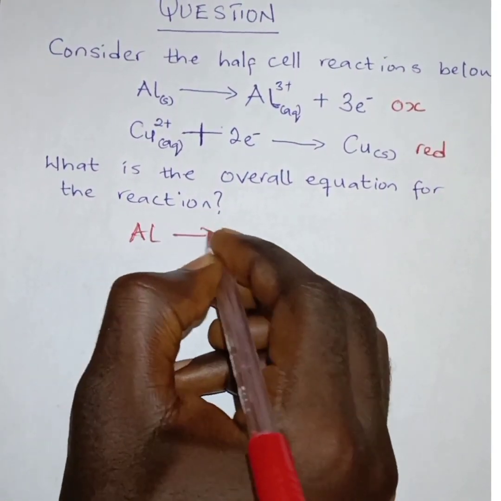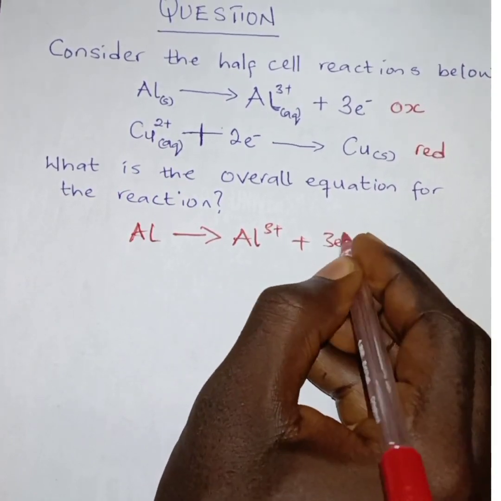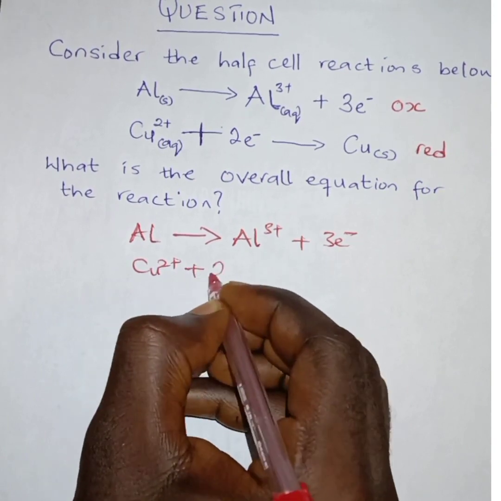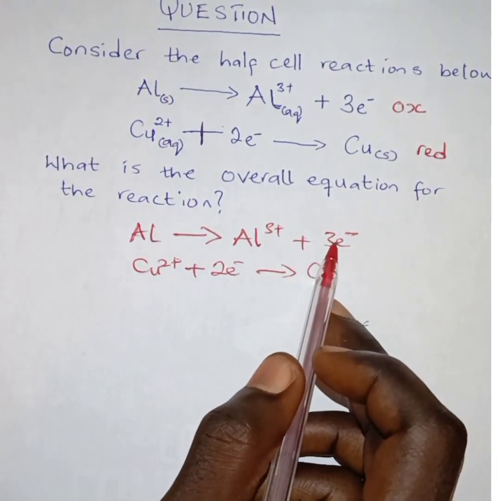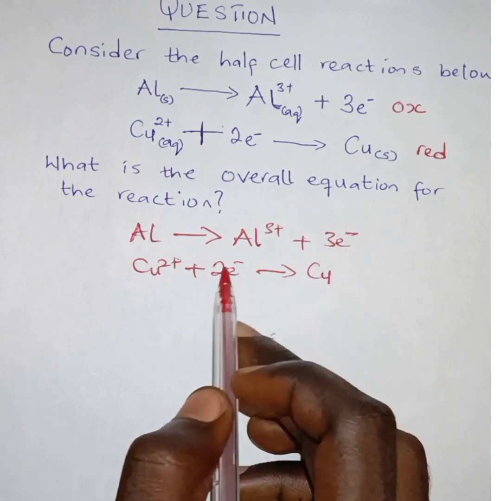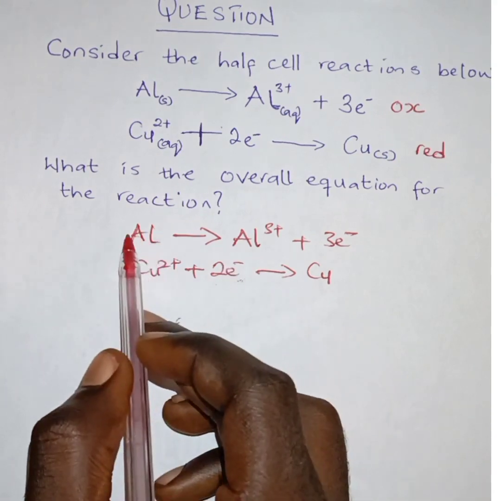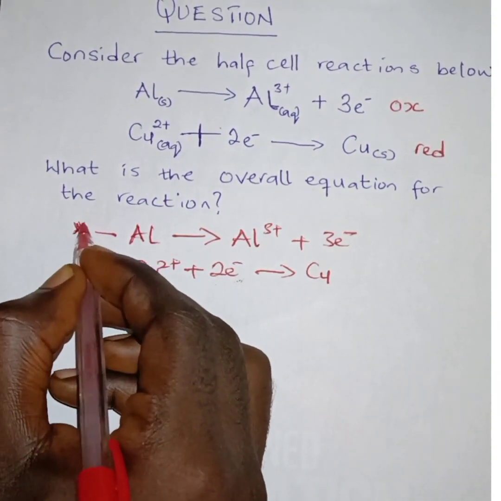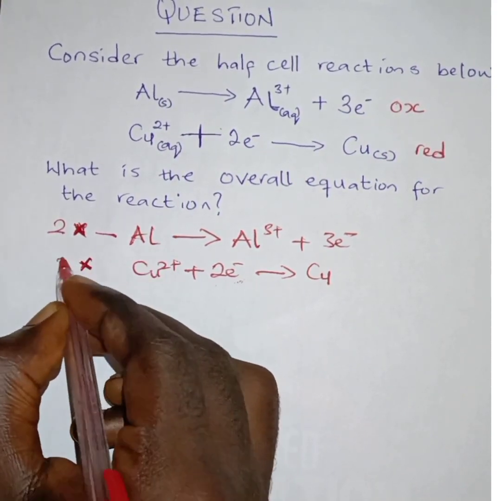So when you have this, and then when you have this, what we are saying is that we must make sure that the number of electrons here and the number of electrons here are equal. So how are we going to do it? We multiply the reaction. For instance, let's multiply the whole of this half equation by 2. And then let's multiply the whole of this by 3.